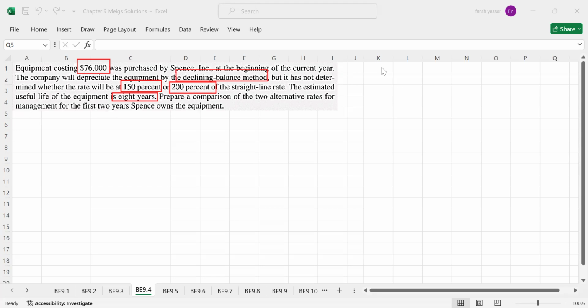So for this, first we will have to calculate straight line rate, and the formula is 100% divided by useful life.